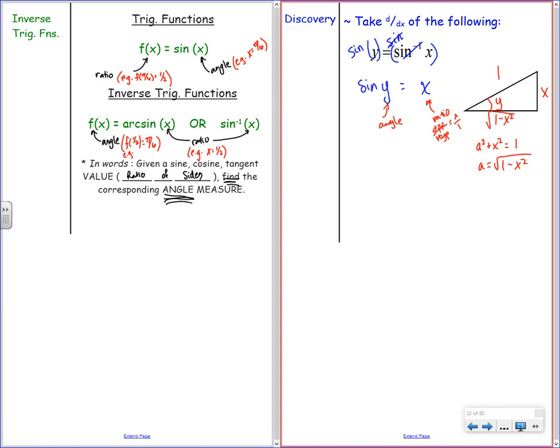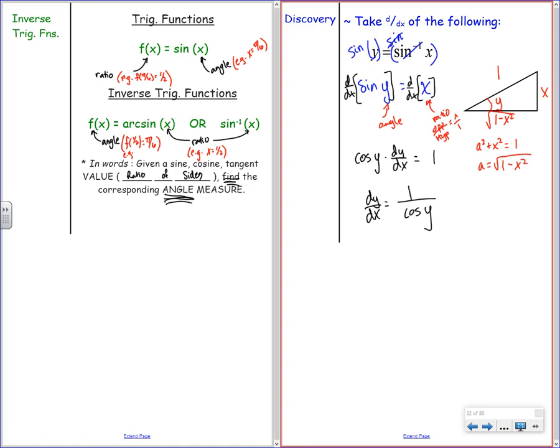Now, how does that help? Well, can't I do an implicit derivative, taking the derivative of both sides? The derivative of sine of y would be cosine of y times dy/dx. The derivative of x is 1. dy/dx is going to equal 1 over cosine of y.